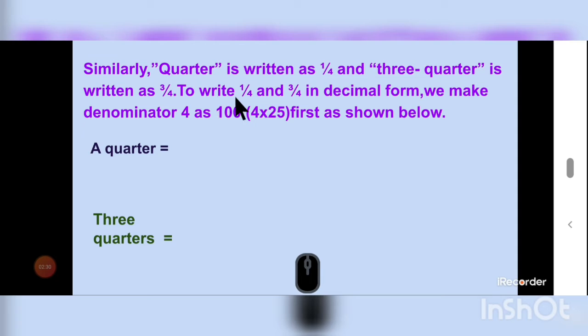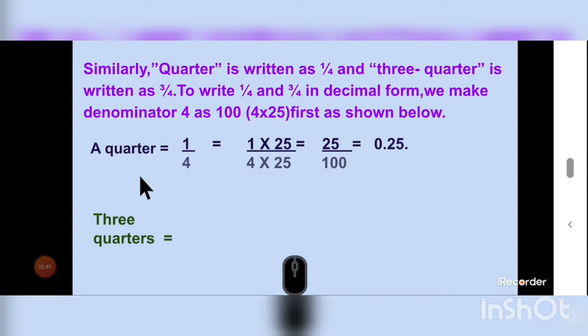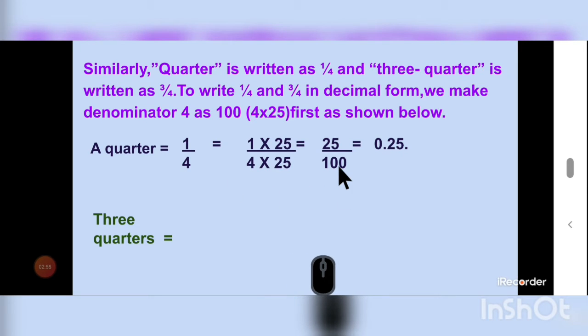To write 1 over 4 and 3 over 4 in a decimal form, we make denominator 4 as 100, as shown below. Now, what do we mean by quarter? Quarter means 1 over 4. Now we have to make the denominator 100.